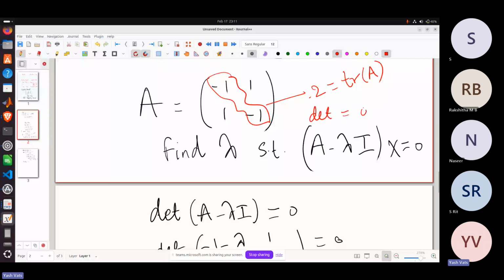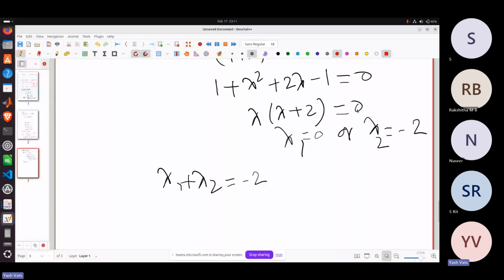So if you multiply lambda 1 times lambda 2, that's the determinant. I hope it's clear to everyone. Okay, if it is, let's go to another question.